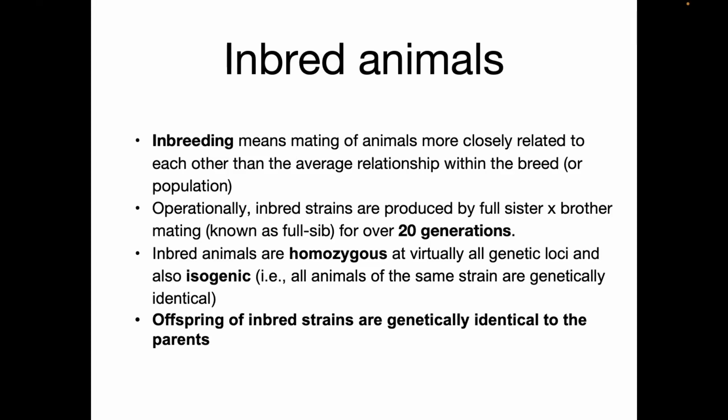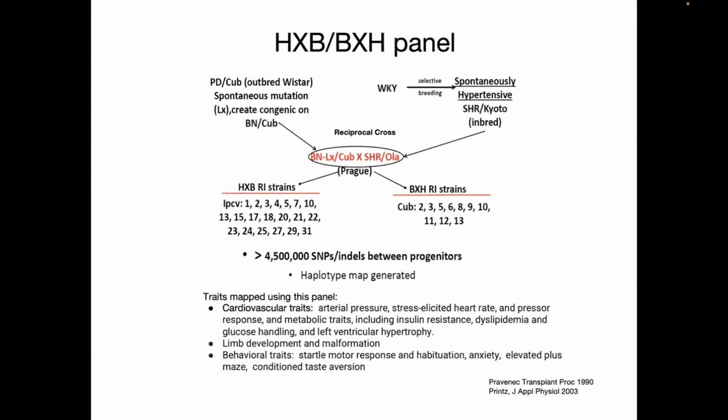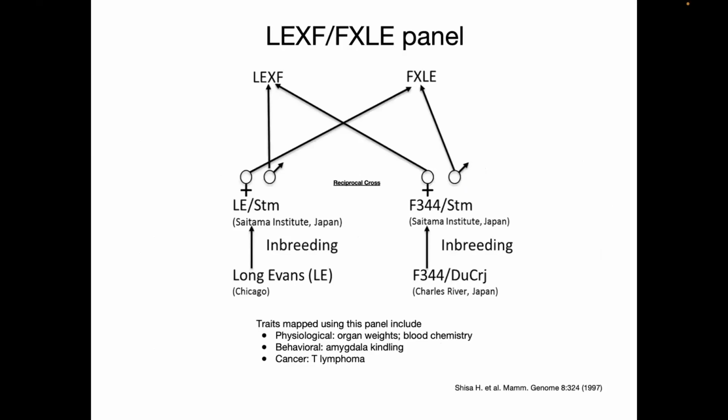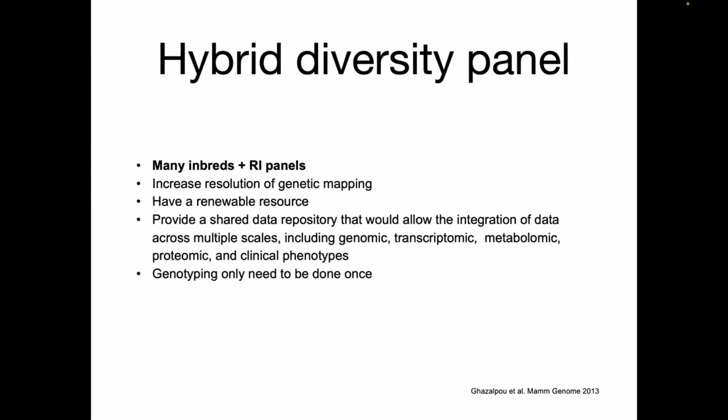So what we do have in rat are these two recombinant inbred panels that are around 30, and then we have this multitude of inbred strains. I won't go into the history of these two RI panels, but by putting them together, we increase our N.